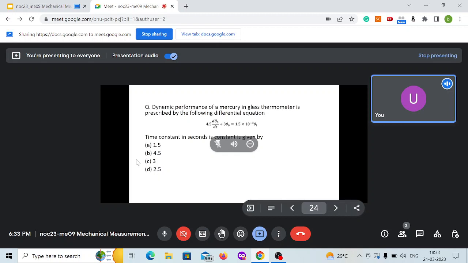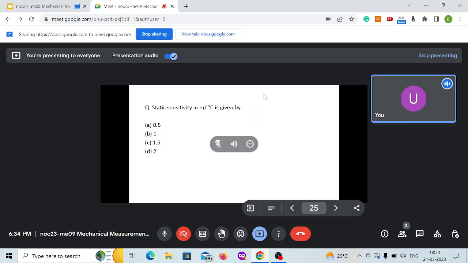If you see, this equation is a first order system. If you remember, it is dqo by dt plus AoQo equals BoQi. So that's a first order system. You can solve that. You have to find out the lambda value, the time constant, and the next is also a linked question.